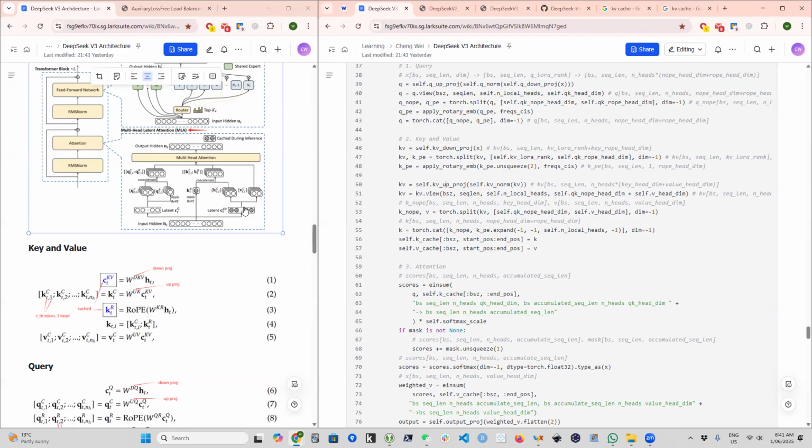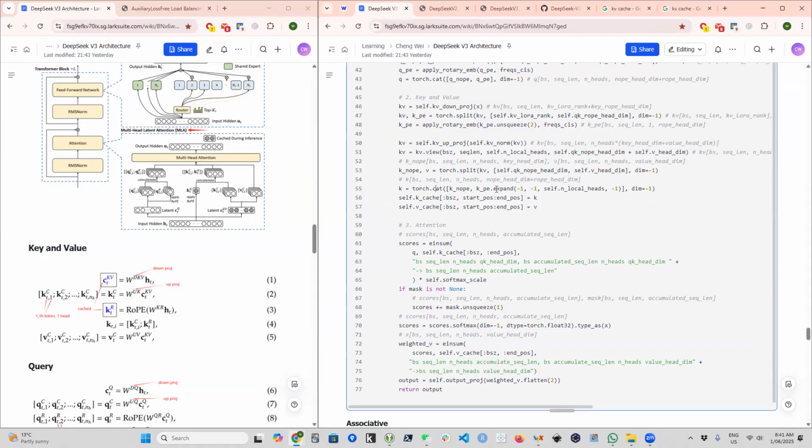Up projection to be multi-head. Then we rearrange to be multi-head, and then we split into the key part and the value part. It directly maps to the diagram.